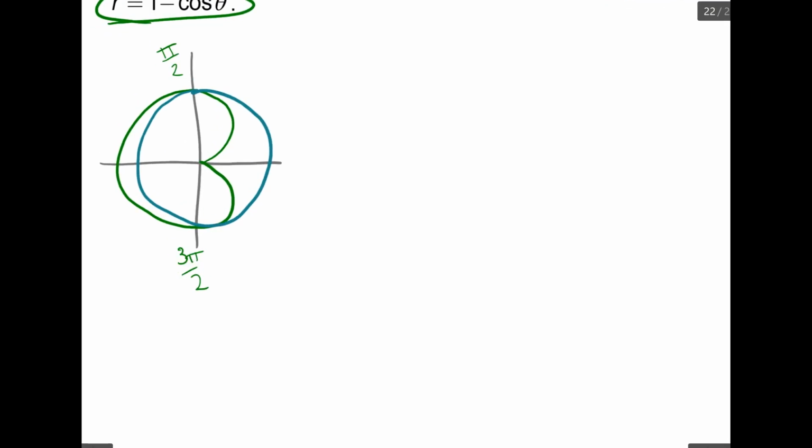So it's going to look like this. There's the circle r equals 1. And the part we're looking for, this is the part we're looking for.